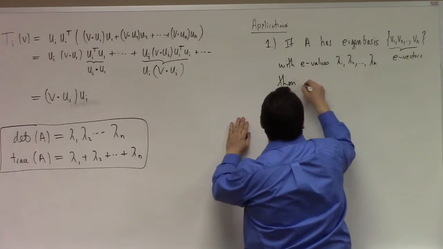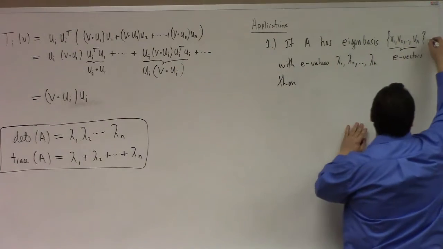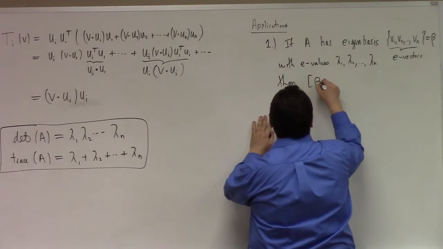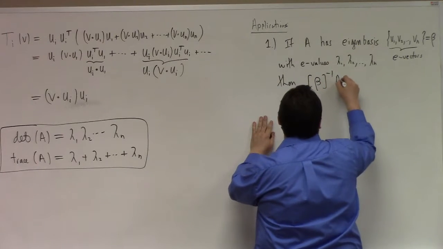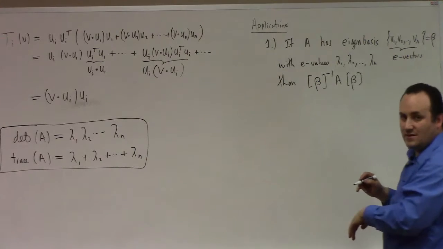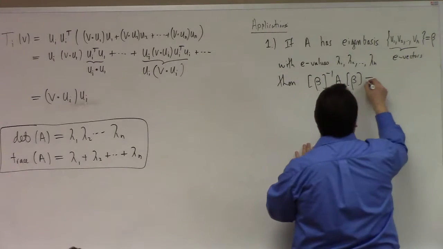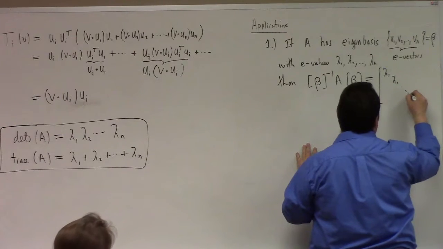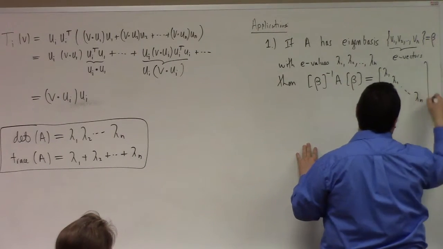Then if we call this basis beta, and take the basis matrix beta, invert it, multiply by A, multiply by beta again, like so, then this is the diagonal matrix with lambda 1, lambda 2, ..., lambda n.